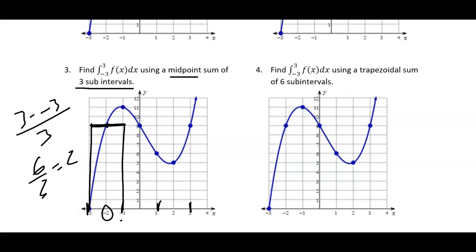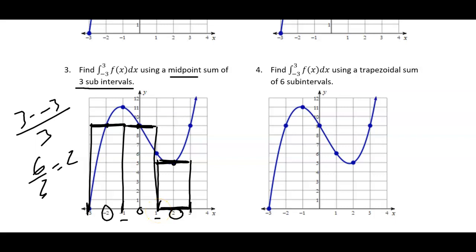From -1 to +1, the middle is 0, and the y value that goes with that is here. So I'm going to draw my horizontal bar there, and then drop down a line. And for the next one, between this interval, the middle number is 2. The y value that goes with that is here, and so I'll be drawing my bar there. And so we'll calculate the areas here.